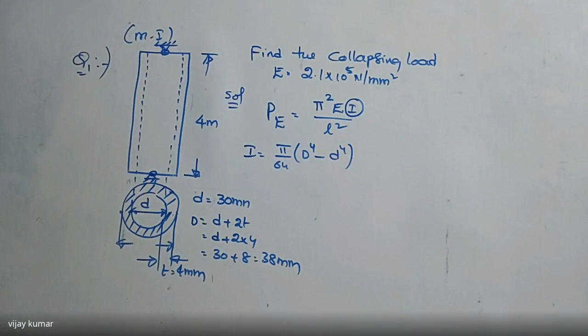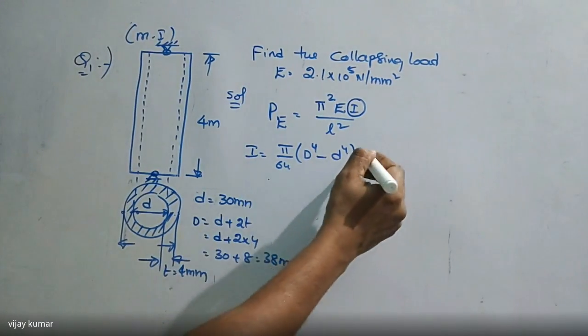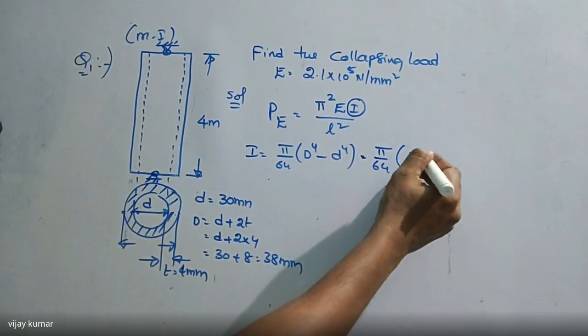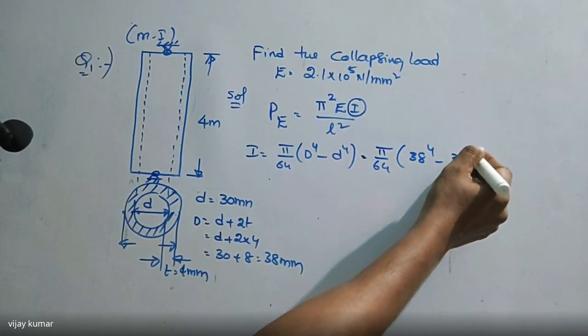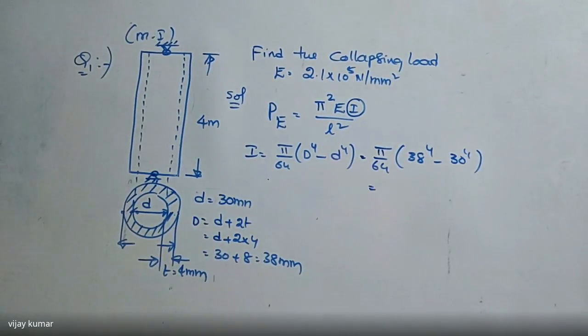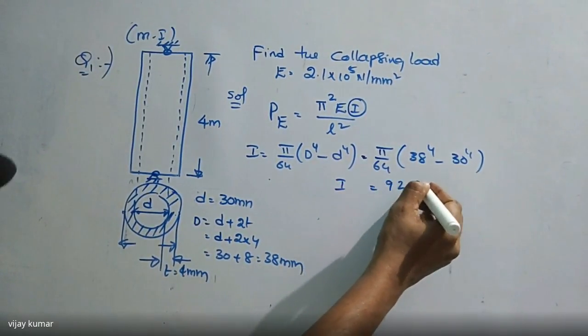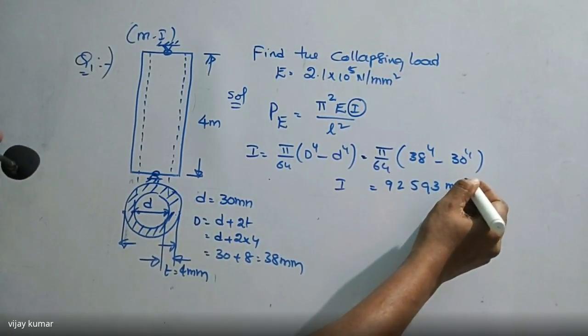Then I'm going to substitute here: pi by 64 into 38 whole power 4 minus the internal diameter, which is 30 power 4. If you take that value, I got the value of I equal to 92593 mm power 4.